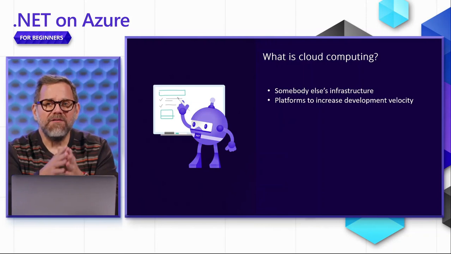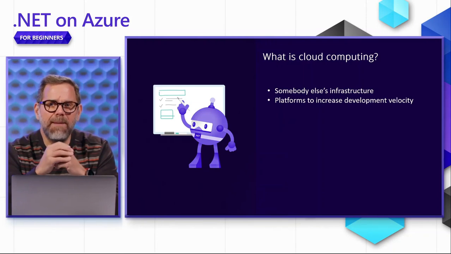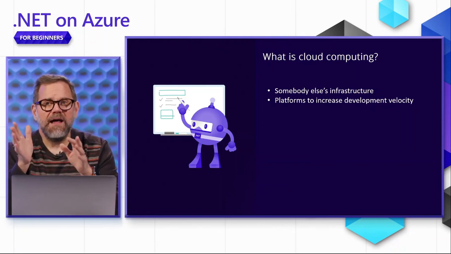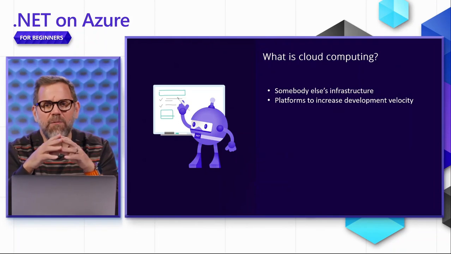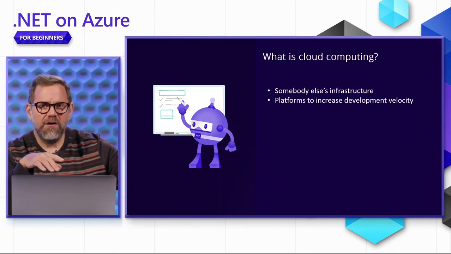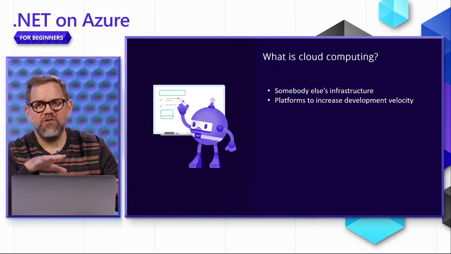And so in addition to it not being your own infrastructure, cloud computing also has platforms to increase developer productivity and velocity. Some things you can think about where the infrastructure are things like Azure Storage, so blob storage or virtual machines.